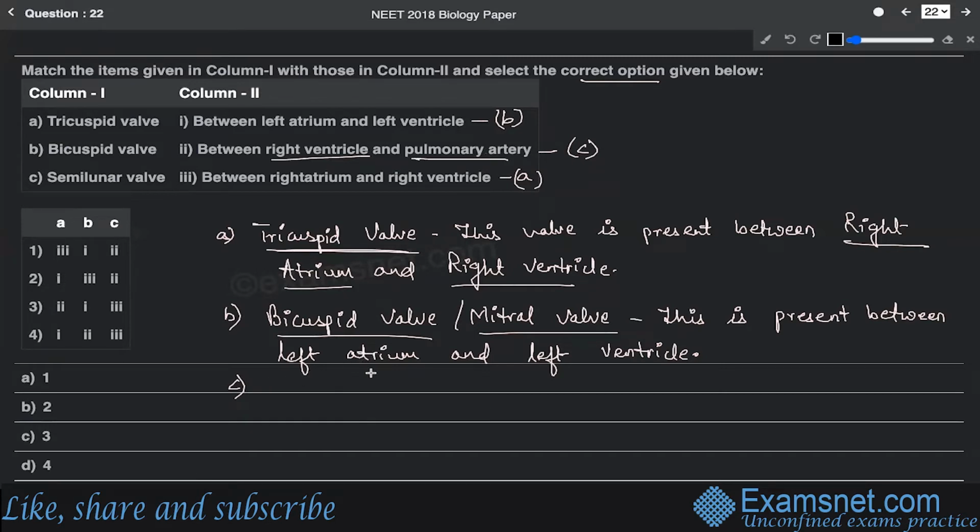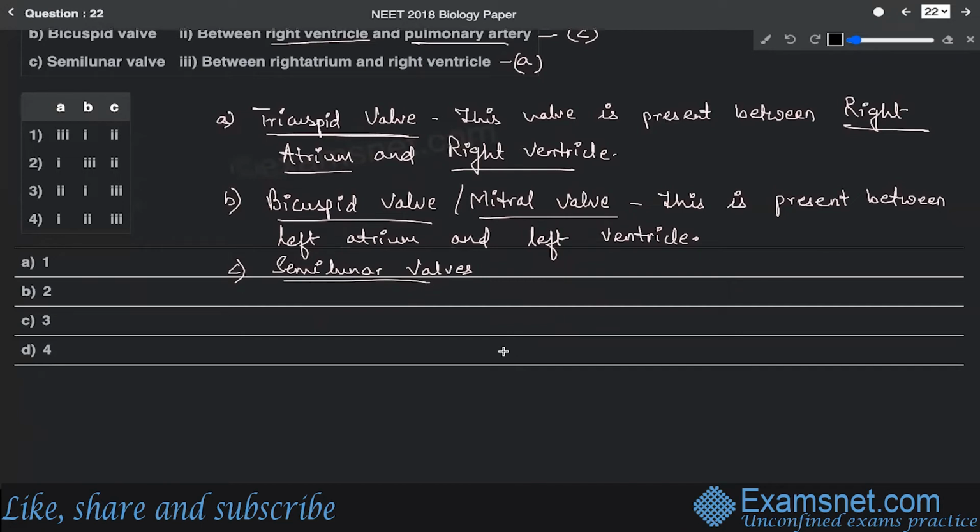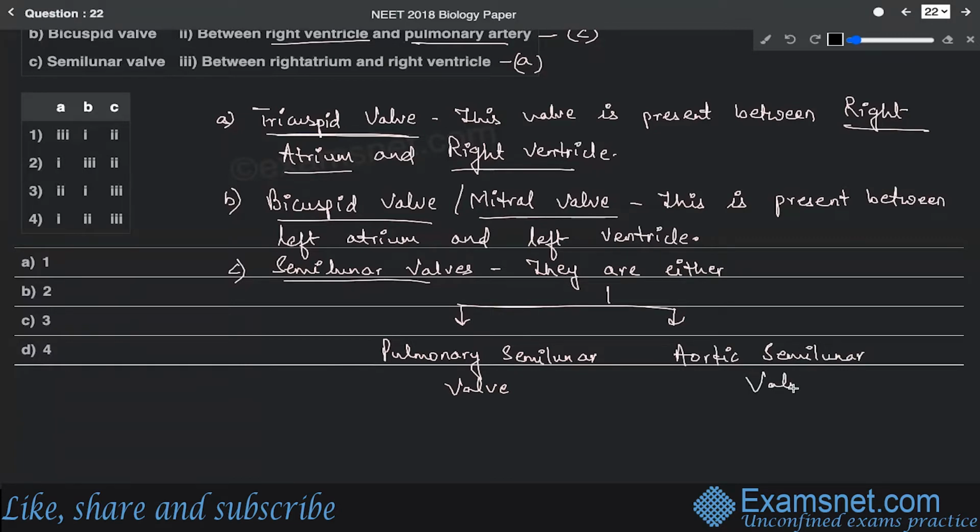So you can say semilunar valves can either be pulmonary semilunar valve or aortic semilunar valve. Clear?